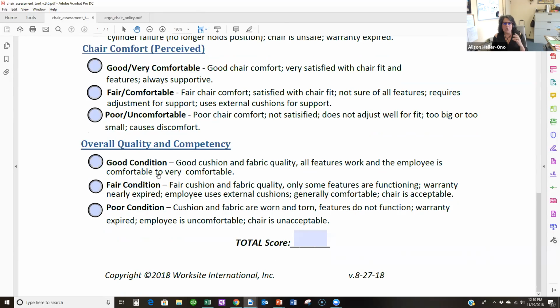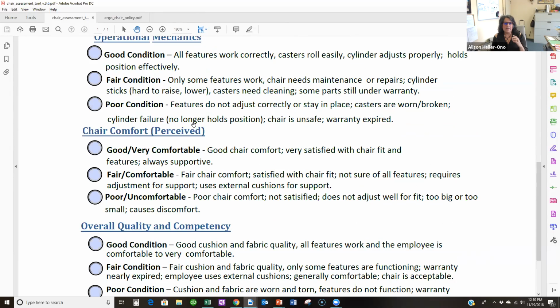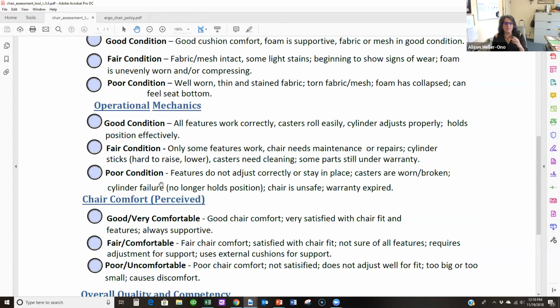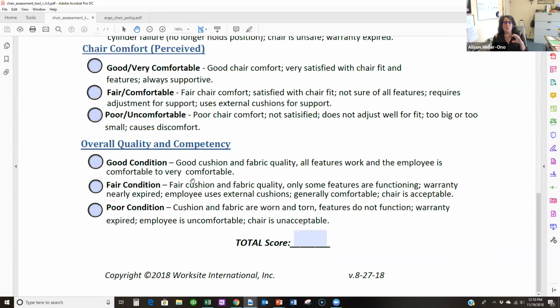The last one is overall quality and competency. Now this is where you take all these factors together and you decide really, where is this chair? Where does it lie in that compendium from poor to fair to good, low risk, moderate, or okay to high risk?